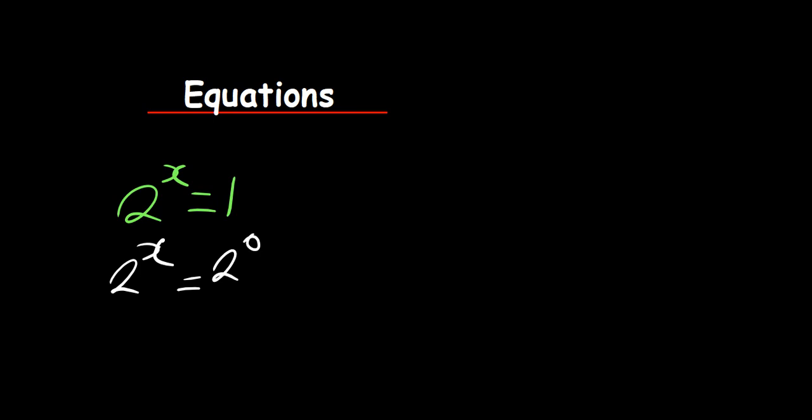Let's say we've got 2 to the power x is equal to 1. How are you going to solve this one? 2 to the power x will be equal to, now 1 is just the same as 2 to the power 0, right? Any number to the power 0 is a 1. So in this case, x will be equal to 0. Okay, and that's how you're going to solve it.